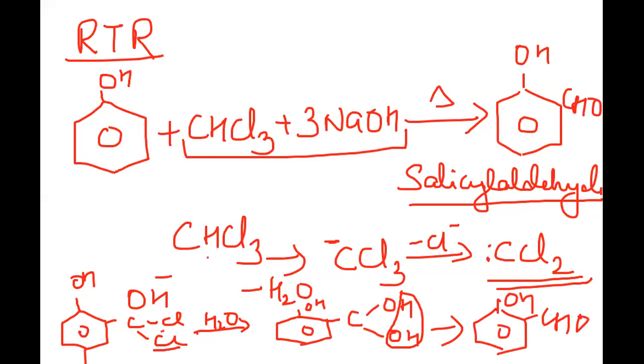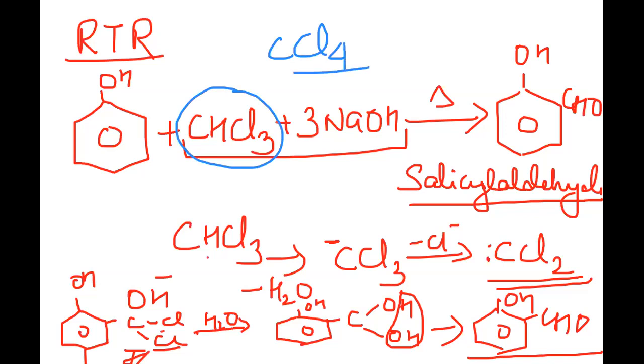The hydrogen will attach itself to this, and this is how the salicylaldehyde is produced. One more point: if CCl4 is used in place of this, then the compound is going to be salicylic acid. That you have to remember. The other products formed along with this are NaCl and water.